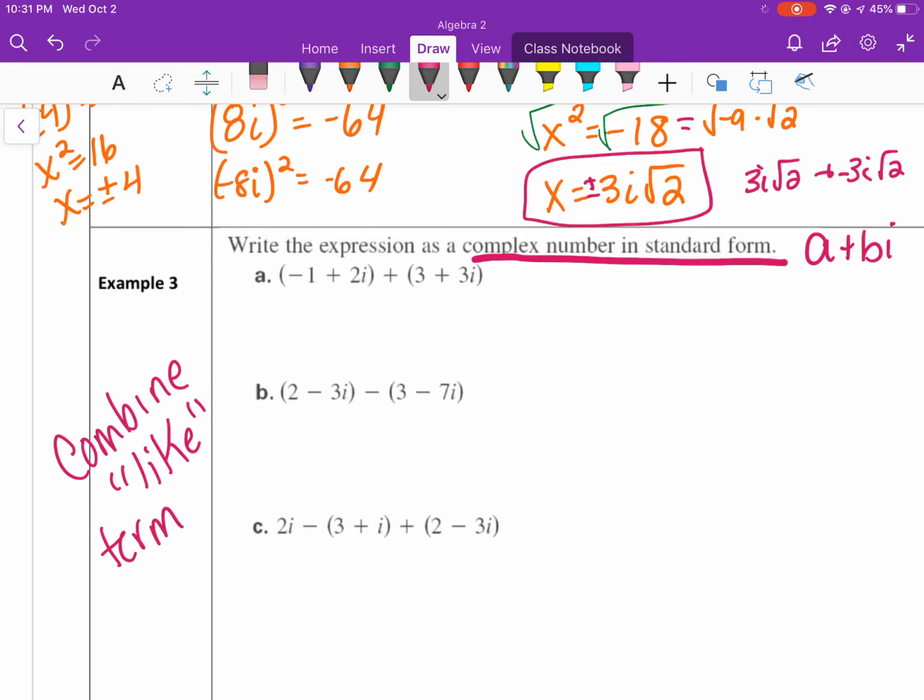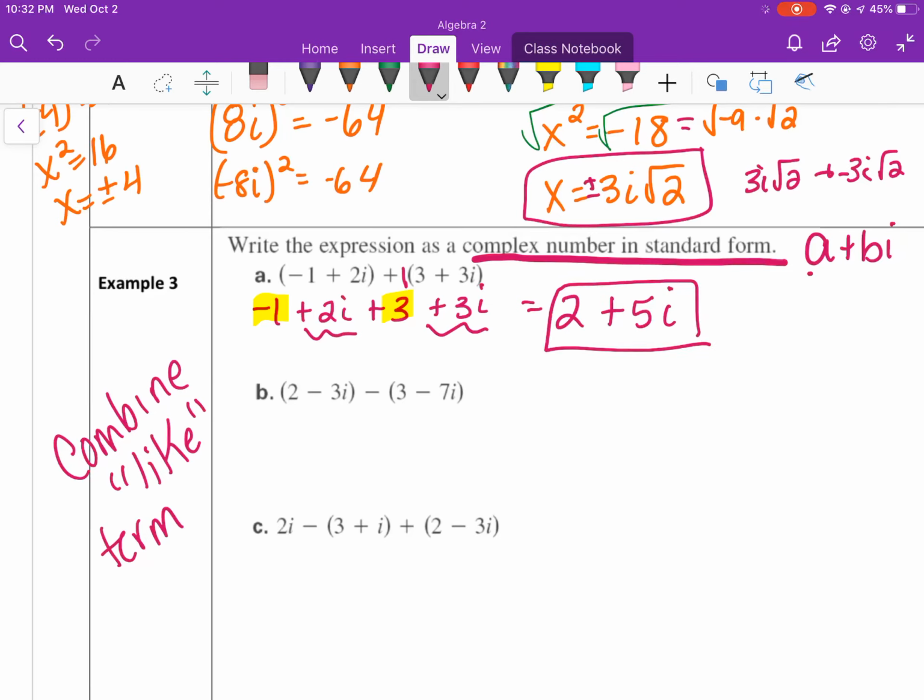So first, when you're adding, you don't really need the parentheses anymore because there's nothing here to distribute. It's like a 1, so it's really just negative 1 plus 2i plus 3 plus 3i. Combine the real parts, so negative 1 plus 3 gives me 2, and then 2i plus 3i is 5i.